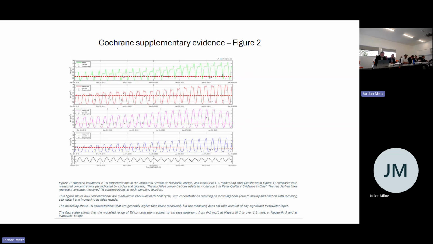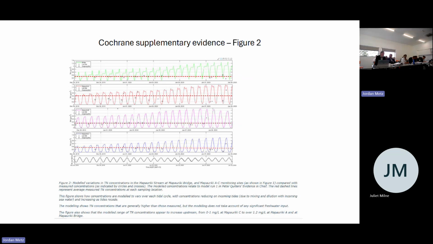My view is that I understand the desire to do that, but I also think that trigger levels need to have a degree of flexibility associated with them. Now, they're not consent conditions. And I think this is something that perhaps some of the submitters got themselves confused about.